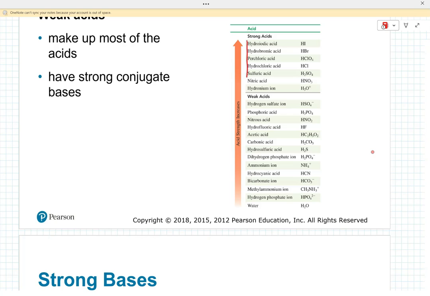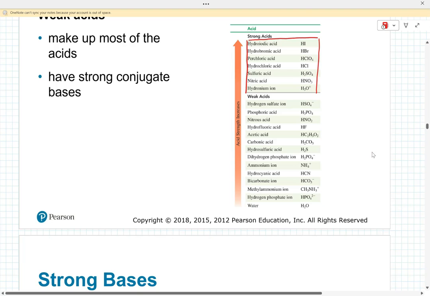These are strong acids. I have no idea why they did not include, no, they did include hydrochloric acid. But that's pretty much, for our intents and purposes, enough.